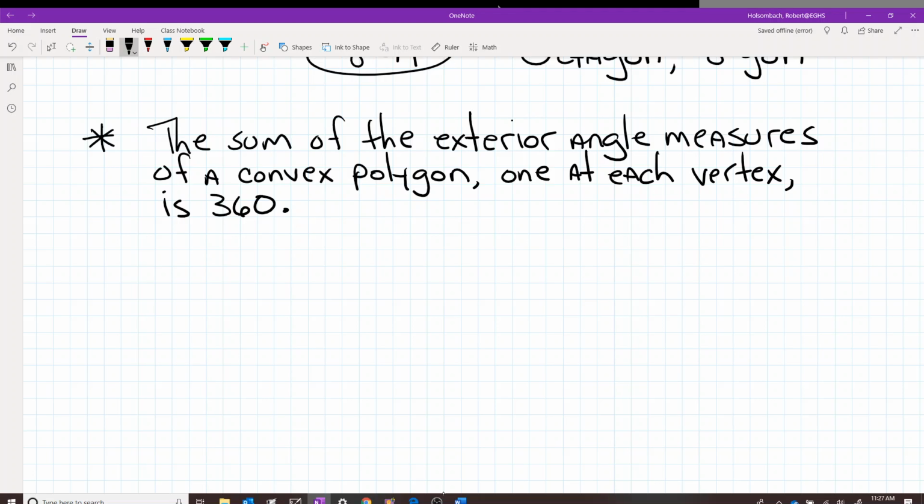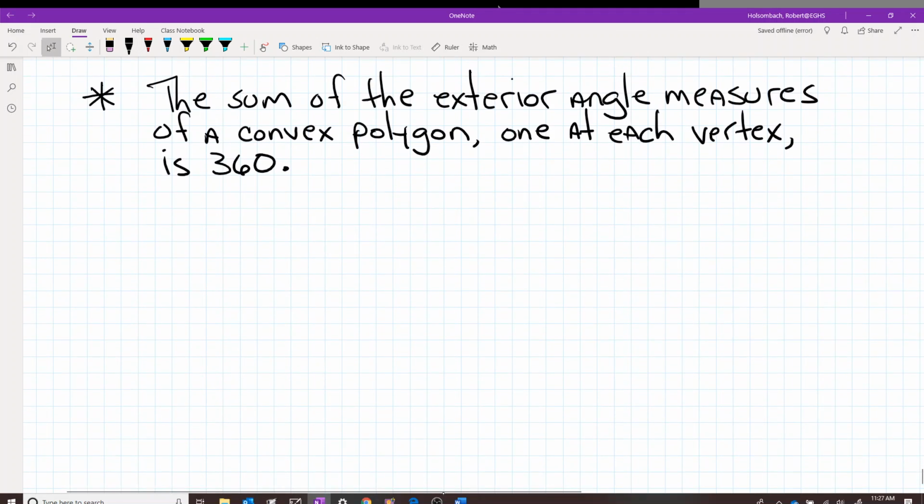That's for all polygons. Their exterior angles sum to 360 if you take one angle at each vertex.